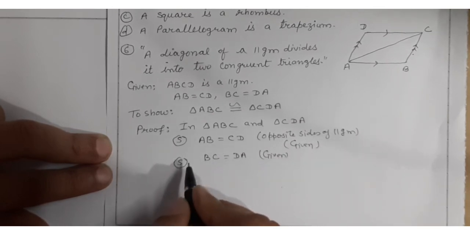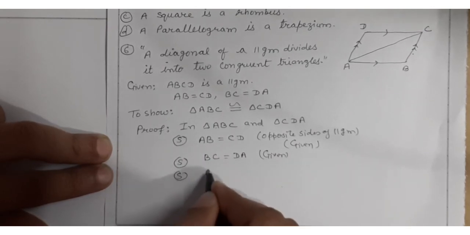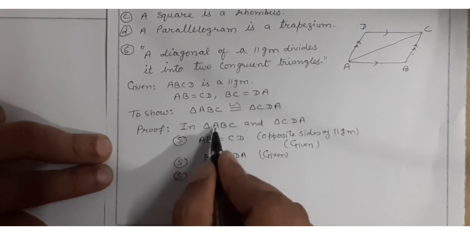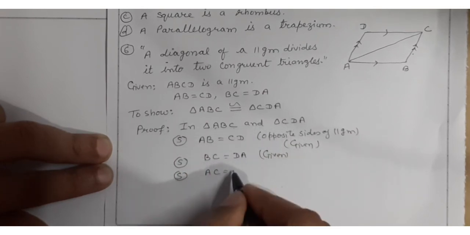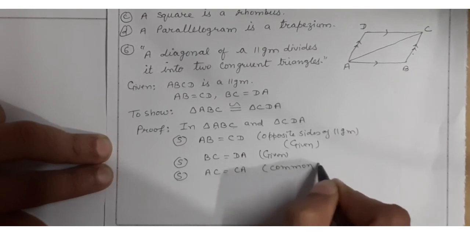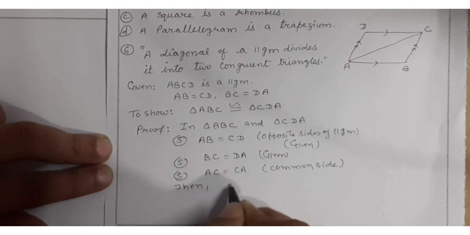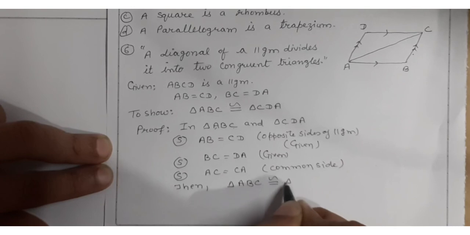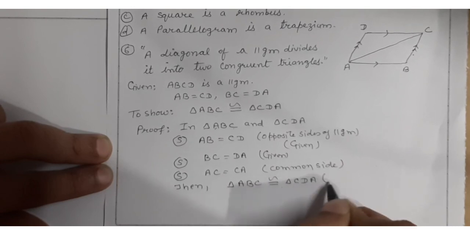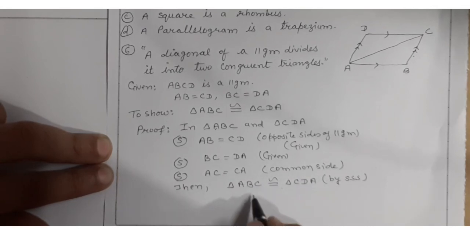And the third one is your diagonal, here is AC. Here is CA. We can say it is a common side. Then triangle ABC is congruent to triangle CDA by the SSS rule. This is what we had to prove, hence proved.